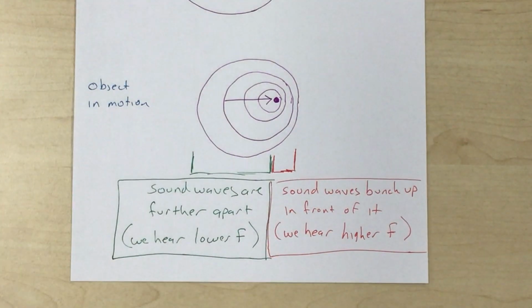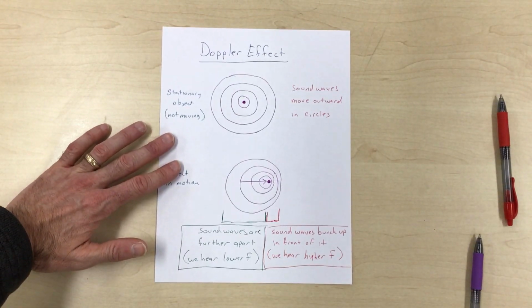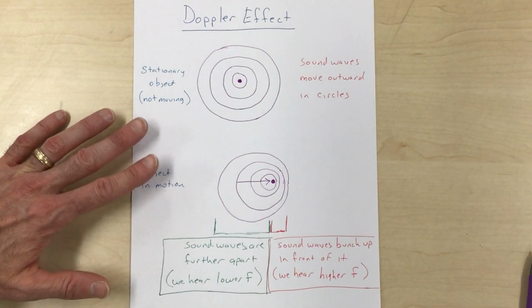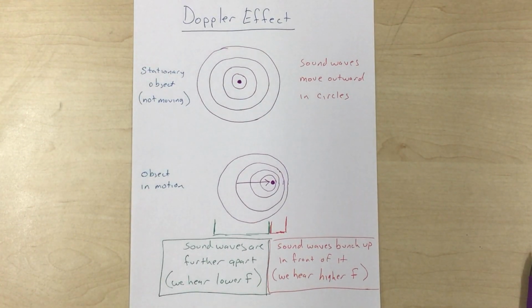And that is the Doppler effect. It happens with every object that is making a sound and moving towards you or away from you.